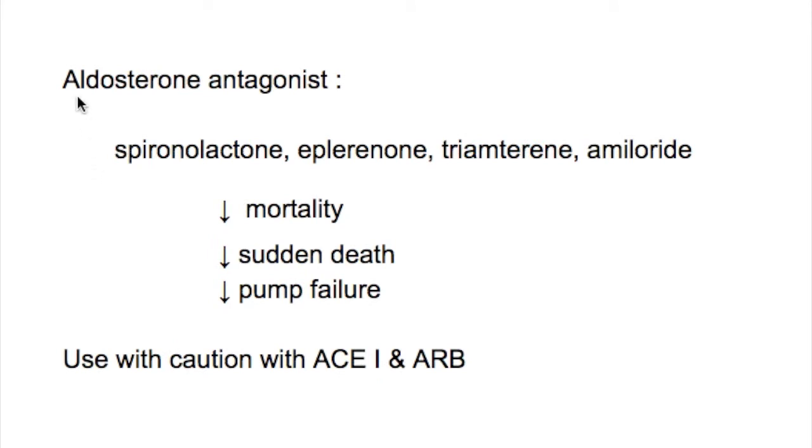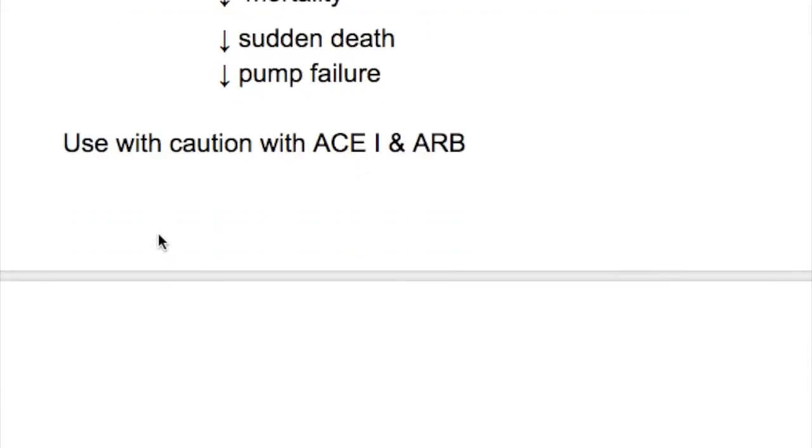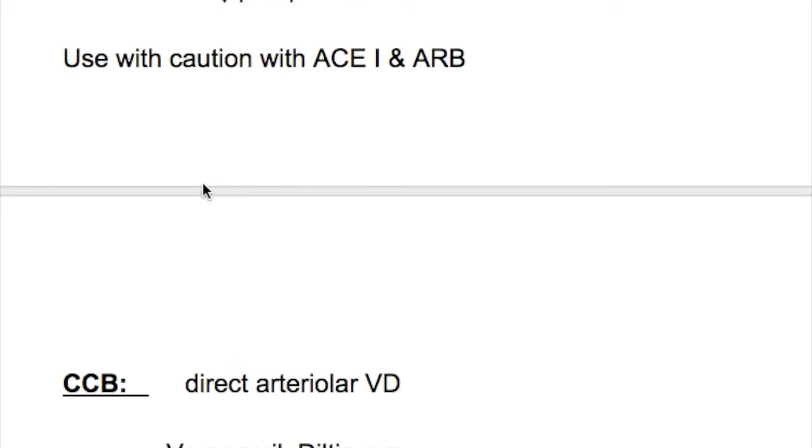The next group is the aldosterone antagonists used in hypertension. What are the drugs in that group? Spironolactone, triamterene, amiloride, and eplerenone. What do they do? They decrease the mortality, decrease sudden death, and decrease the pump failure. They should be used with caution with ACE inhibitors and angiotensin receptor blockers.